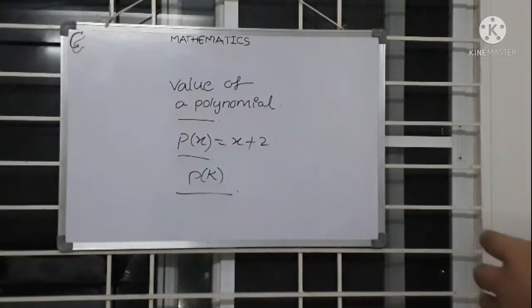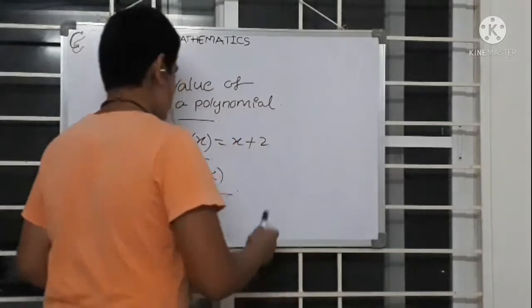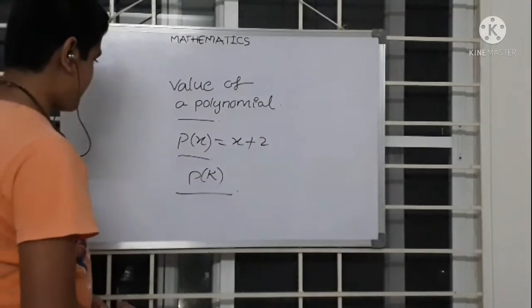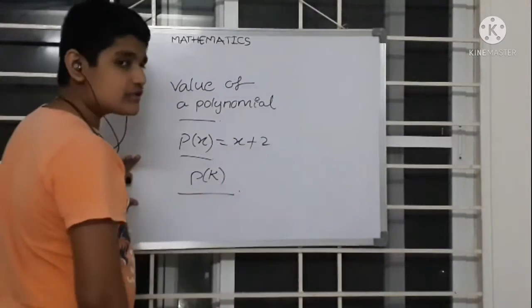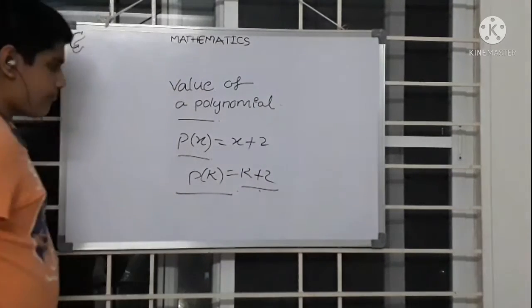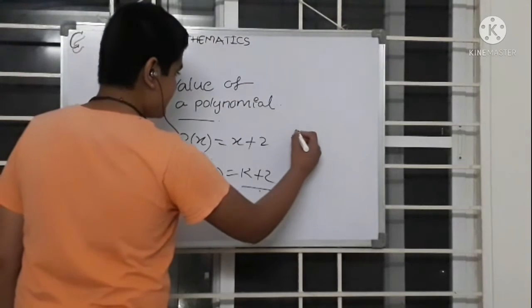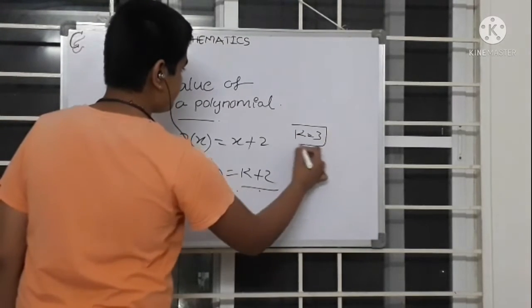Let me make it clear by giving examples. Take p of x is equal to x plus 2. Now p of k, what will it become? k plus 2. Now let k be 3.